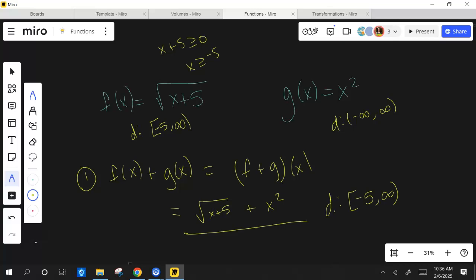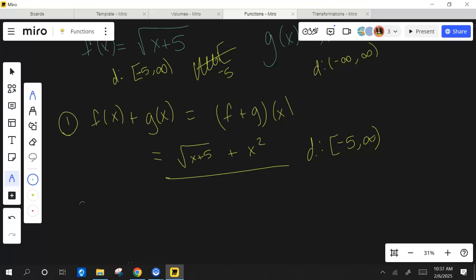X squared leaves nothing out. But if it's left out of one, then it's left out of one. Because on this one I'm at negative 5, I left all of this out, so I have to leave that out of anything I do from now on. If I use that function, I have to leave that out, no matter what.